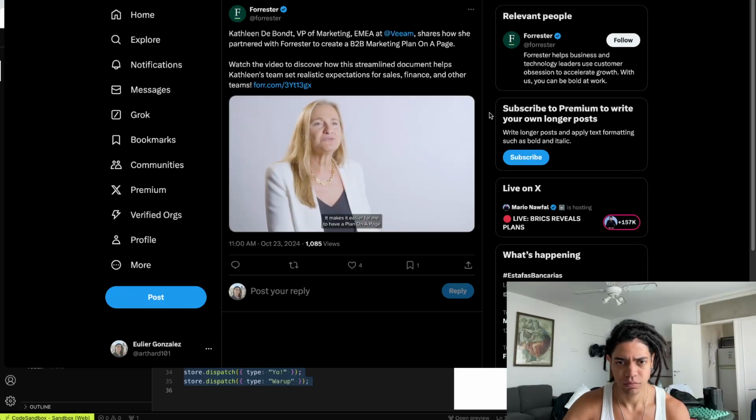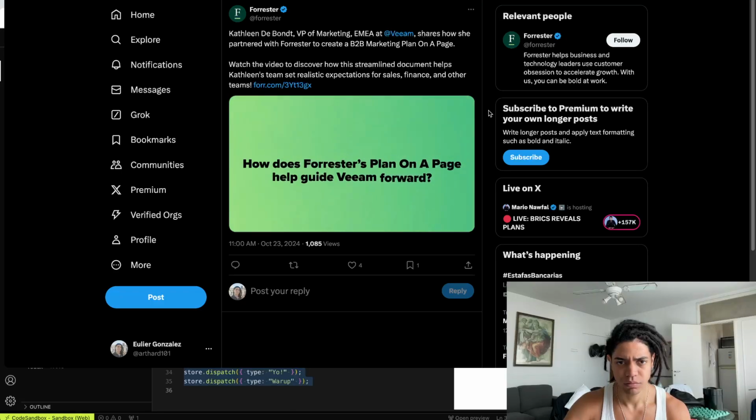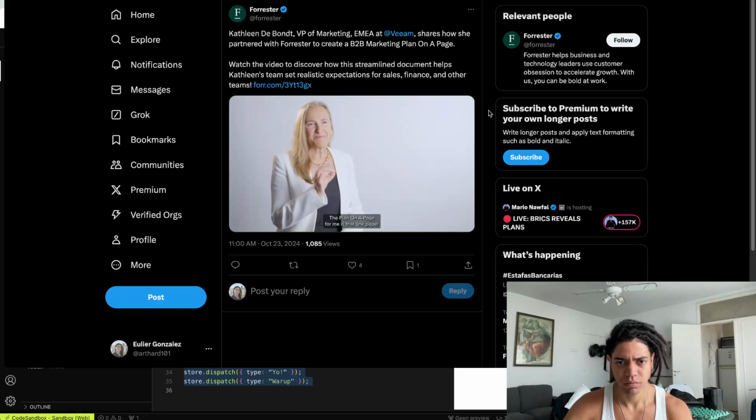It makes it easier for me to have a plan on the page or certain things that I implement based on what I do together with Forrester. It is a real help to connect with your stakeholders. The plan on the page for me is that one paper or that one page where I create together with my leadership team, so we're all behind it, and then it is being communicated and it is being shared with the rest of the marketing team.